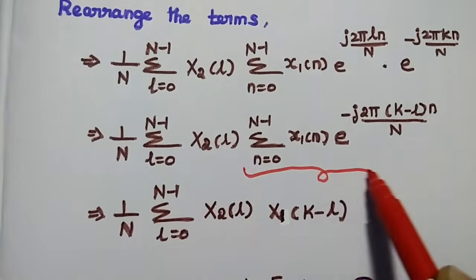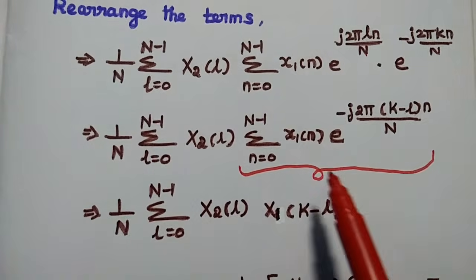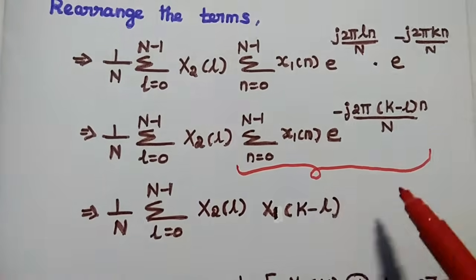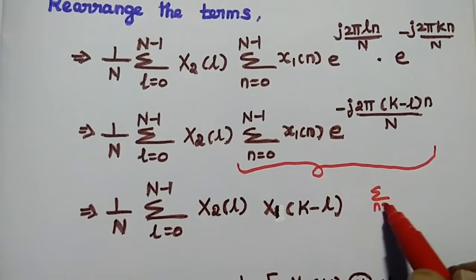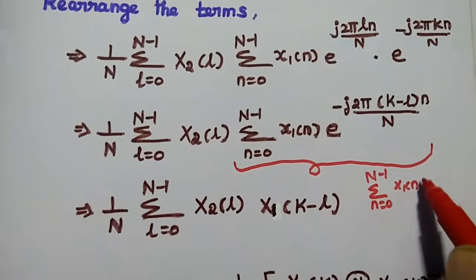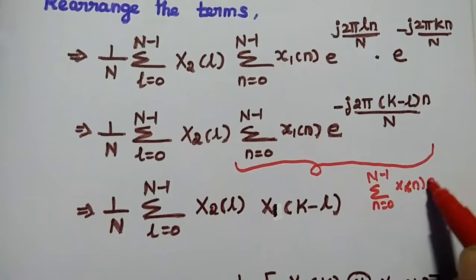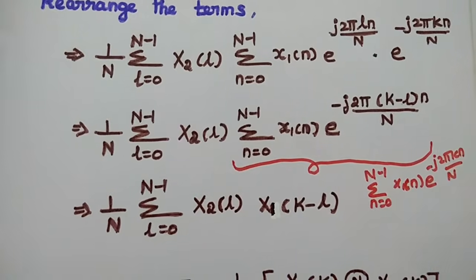This term looks like the DFT of x1 of n. As we know, what is the formula of the DFT of x1 of n? Summation n is equal to 0 to N minus 1 x of n e power minus j 2 pi kn by capital N, correct?